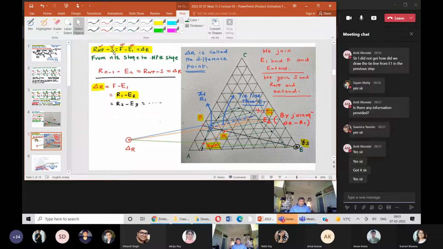Based on the difference equation that delta R is also equal to R1 minus E2, a line passing through delta R and R1 will intersect the dome at the third point, which is going to be E2. So we join delta R and R1 and extend it to get point E2. This is clear to all, I hope.